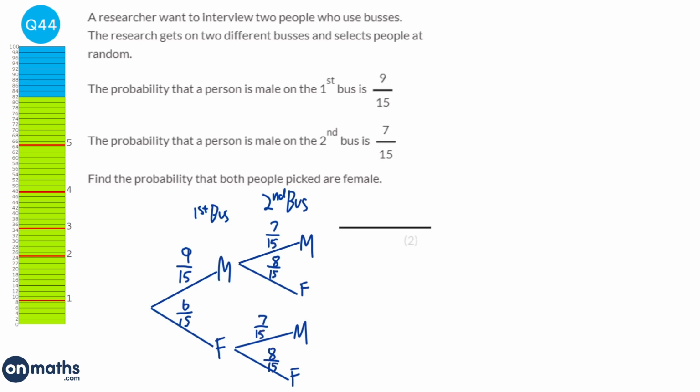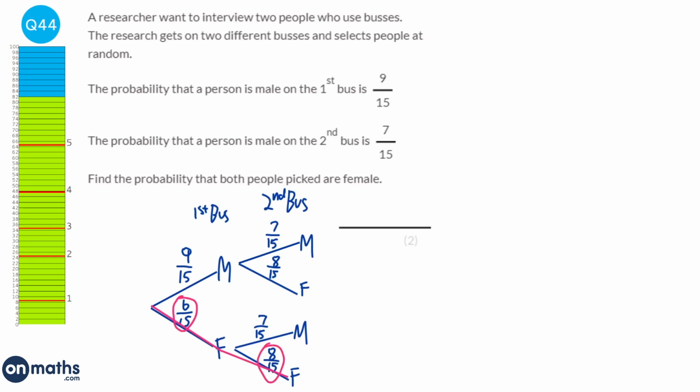So to have both female, we need to have gone down this line at the start and then this line again. Okay, so looking at the fractions along the way, it's 6 over 15 and 8 over 15. The word "and" in probability means times.